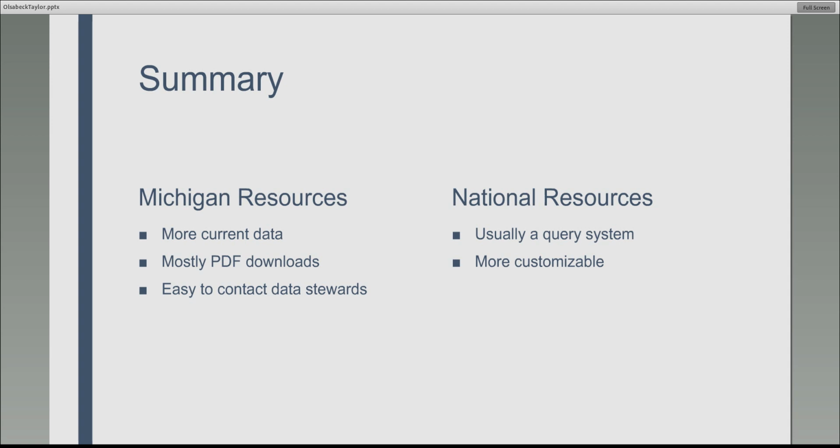However, because these people are in Michigan and the people who are controlling the data are sitting here, they tend to be a little easier to contact than going to the national level. The national resources are usually going to have nicer looking software that is prettier and a little bit more customizable.